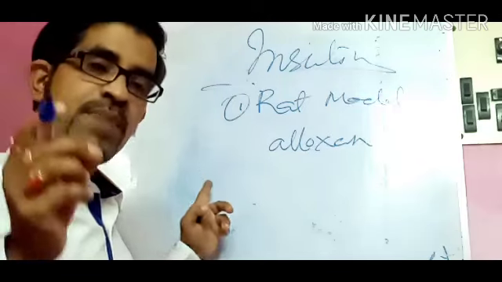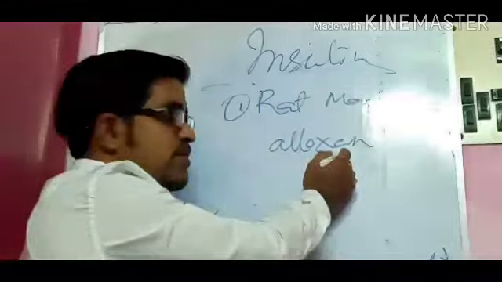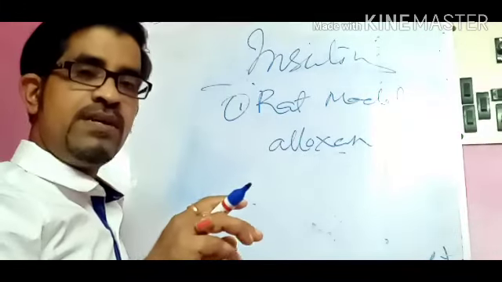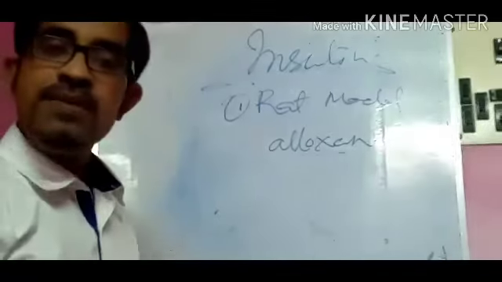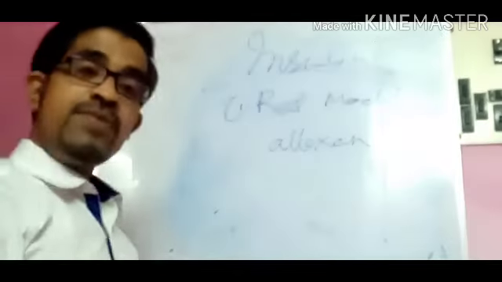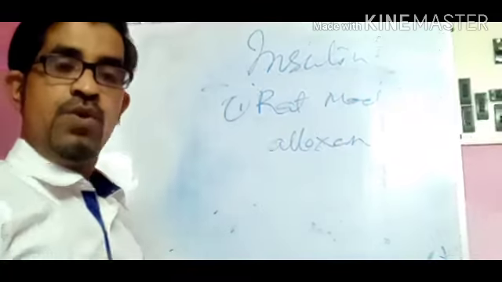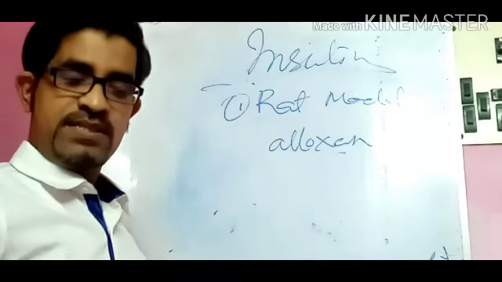From the blood you find out the glucose level, then you inject the alloxan. After injecting the alloxan, after 24 hours you check once again whether the rat became hyperglycemic or not. If the rat became hyperglycemic, you can select that animal. Any rat that has failed to become hyperglycemic, reject it.